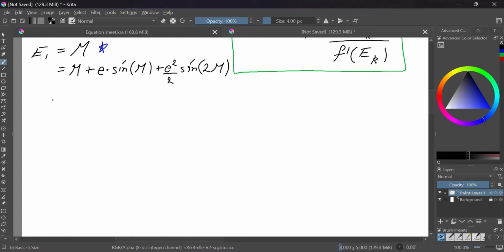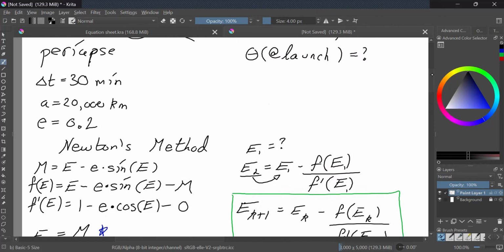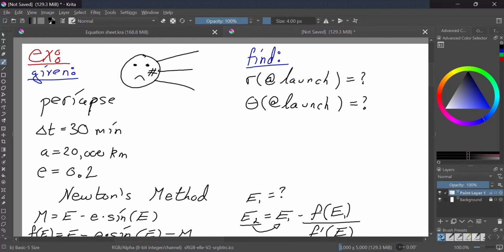Let's find out what our M value is. So let's start at the time of intercept. Our mean anomaly at the time of intercept. So at intercept, that is our periapse, which we know to be defined as theta equals 0.